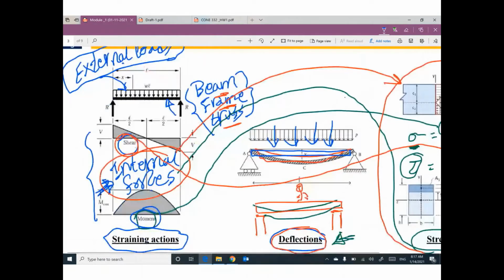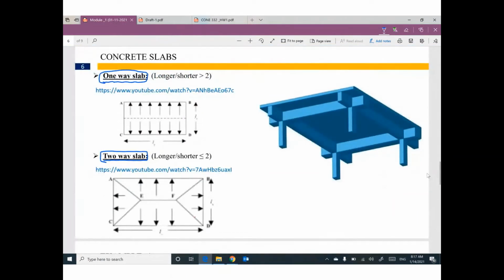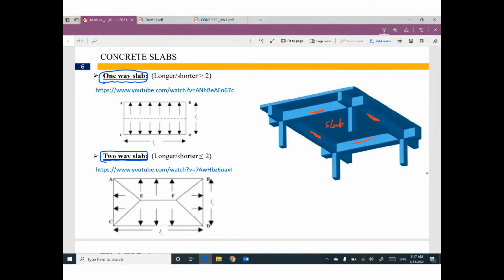Let me explain it in more detail here. I have a slab here. This slab is supported by this beam and this beam and this beam and this beam. I would like to understand what is the portion, or the area, assigned to beam number 1, beam number 2, beam number 3, and beam number 4.